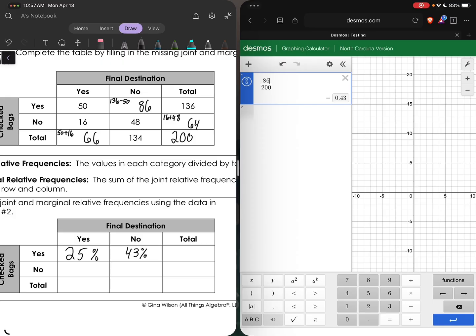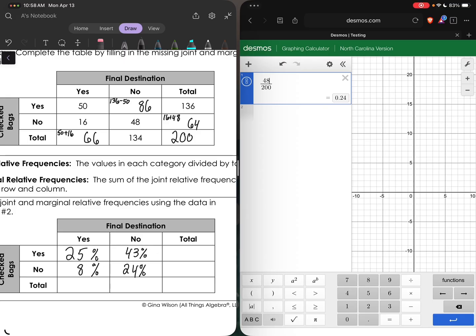I'm going to put in the no row, yes column. 16 is 8%. And then the no row, no column, 48, 24%.